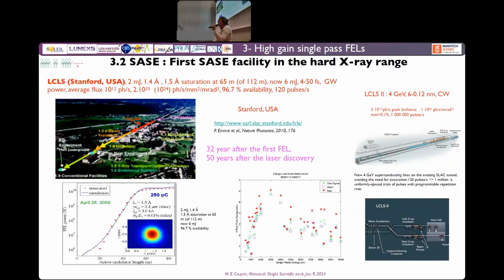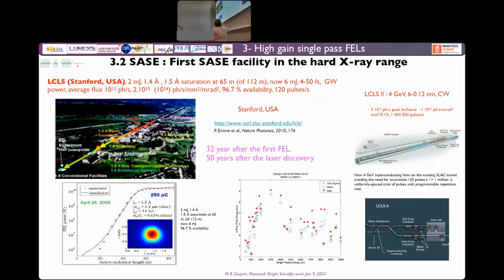Then the second major step was the advent of the hard X-ray FEL, which was achieved at LCLS, Stanford, using a former linear accelerator. In that case, they had typically 100 meters of undulators, and you see that saturation is achieved after 60 meters of undulator.